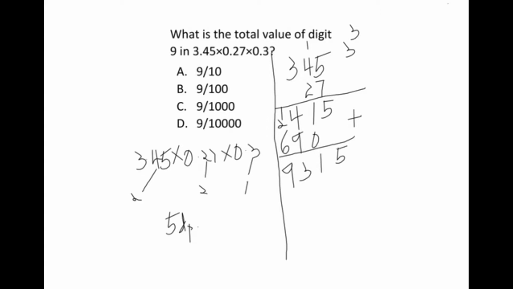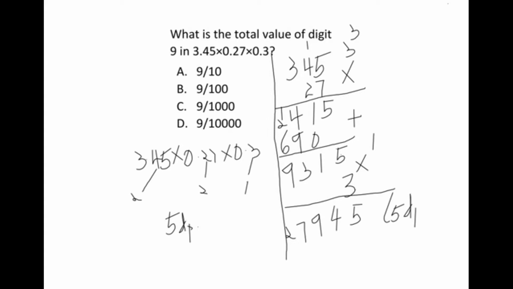So this we are going to multiply by 3. So we multiply this by 3 again. So we have 3 times 5 is 15. We carry 1. 3 times 1 is 3 plus 1 is 4. 3 times 3 is 9. 3 times 9 is 27. So we have 27,945, and we had 5 decimal points.